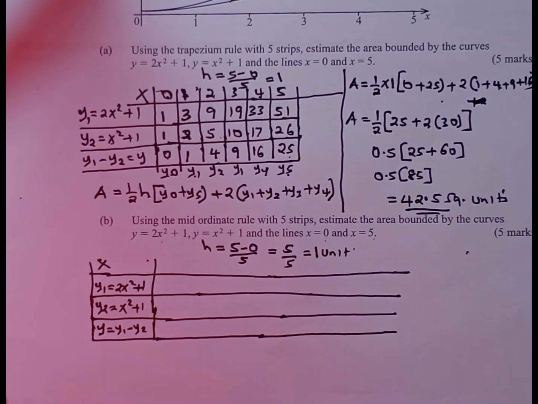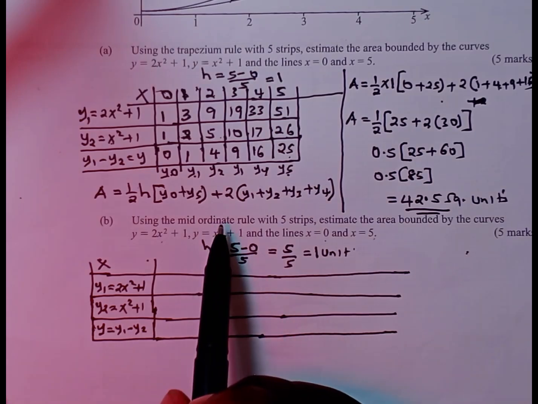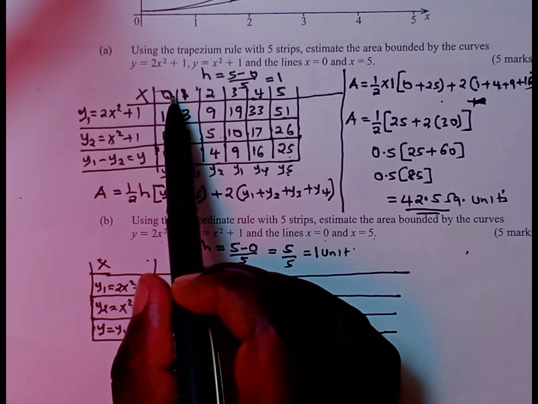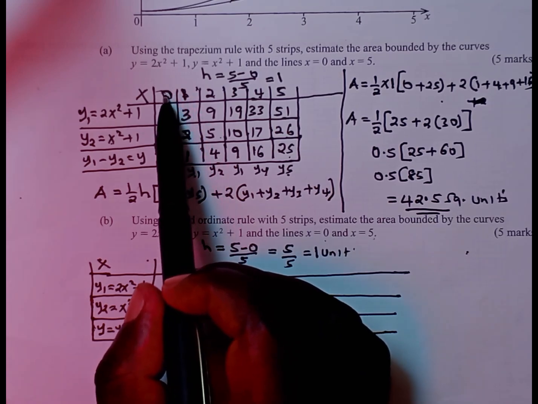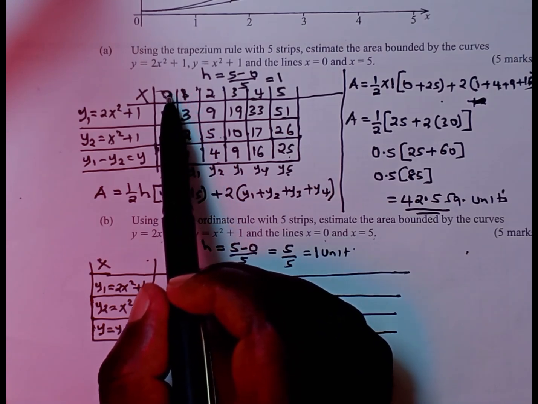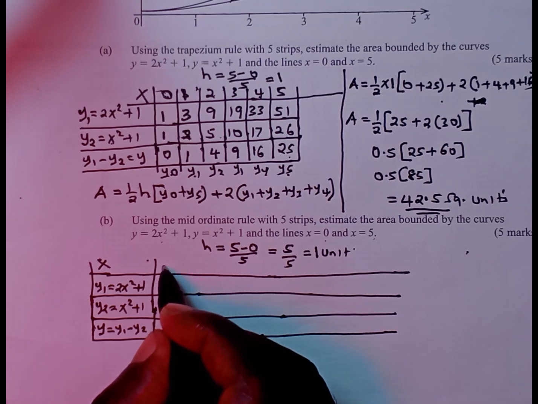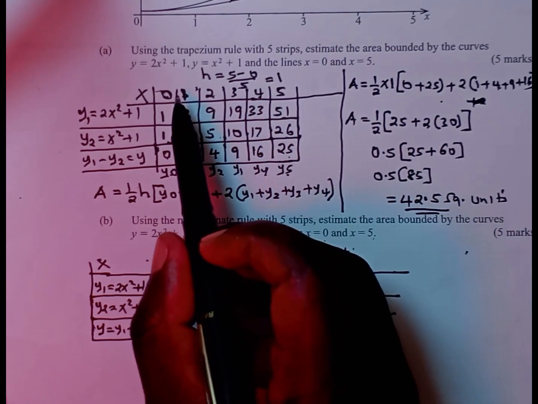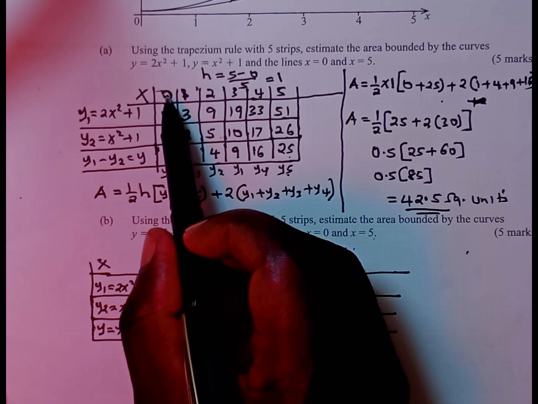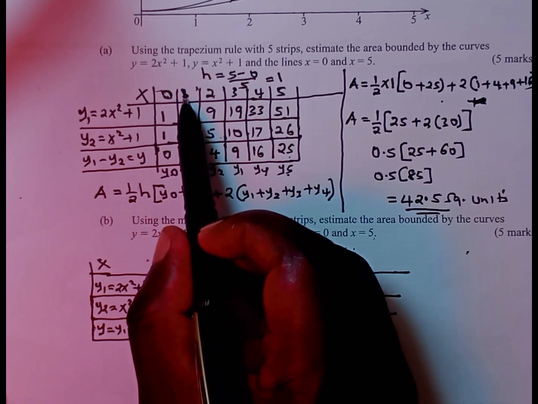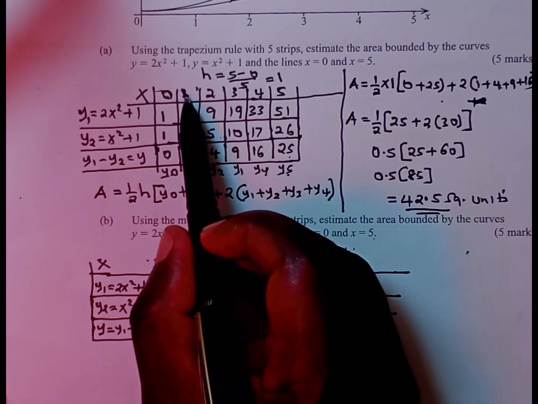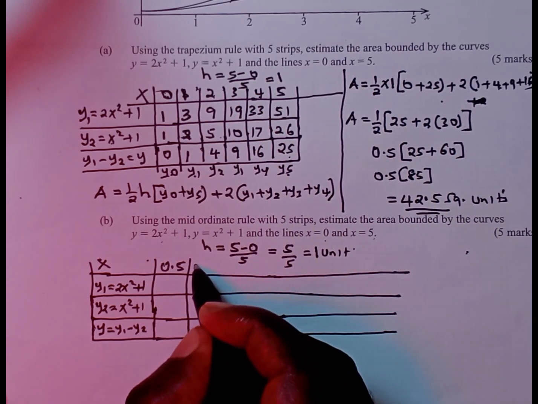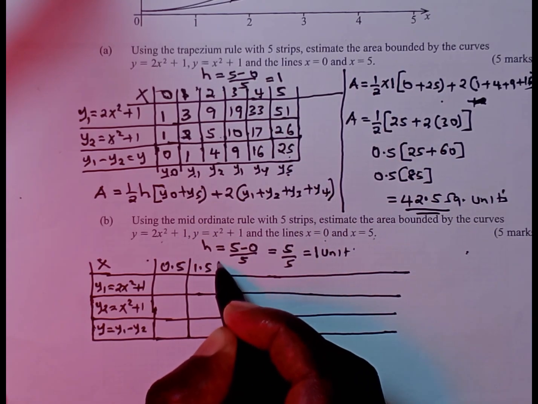Now with mid-ordinate rule, we are going to use the midpoints. For example, the midpoint in our first case, that is between 0 and 1, we have 0.5 as the first value of x. That is to say, you simply take 0 plus 1, you divide by 2. Then next we are going to have 1 plus 2, divide by 2, you get 1.5.